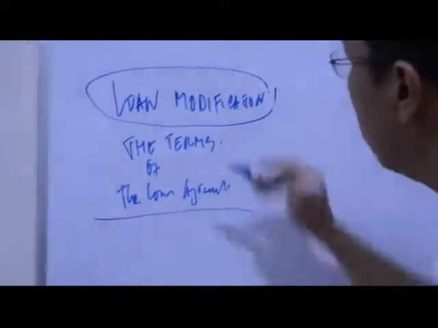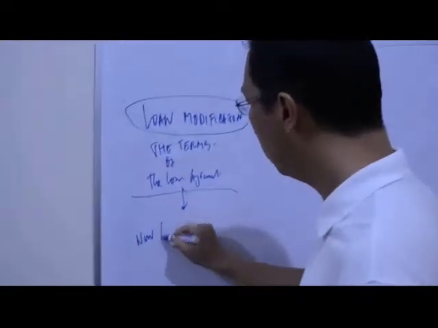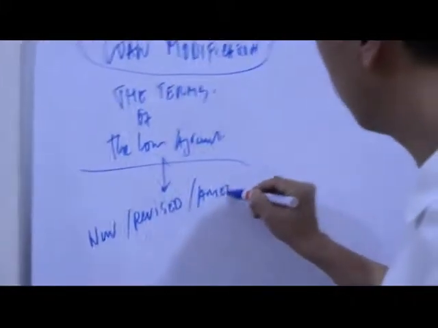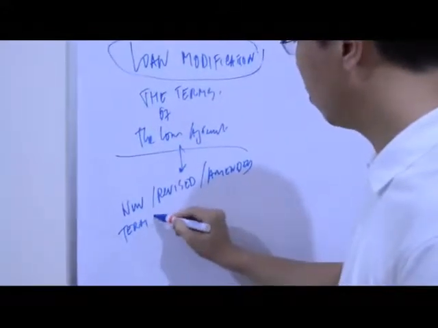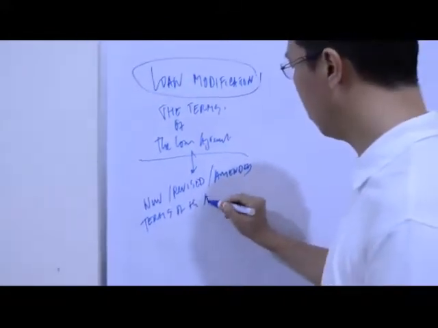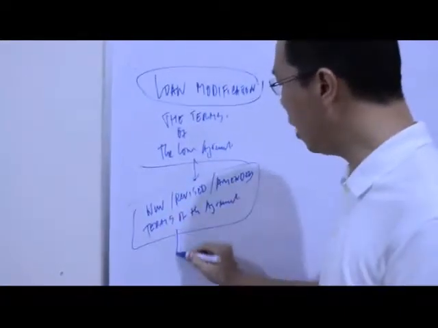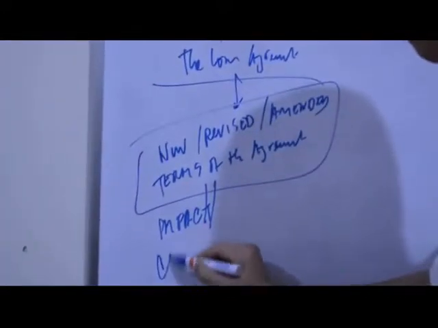So the result of the negotiation with the bank, you're going to have the new, or the revised, or the amended terms of the agreement. And all these things have an impact to the cash flow.